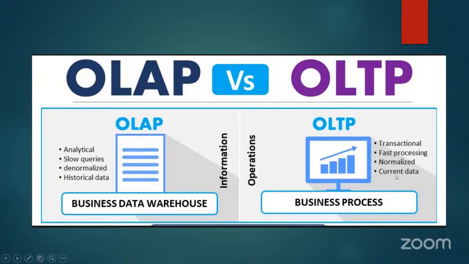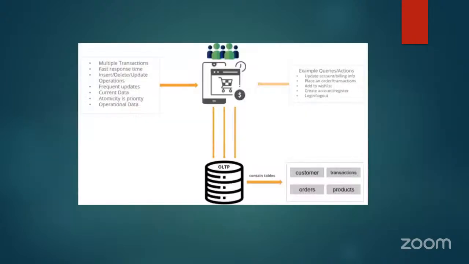That is the current data, what is happening to the database. The best example for this is a banking DB, which is OLTP. Whatever database the bankers were using, that would be OLTP, and what we are fetching as data, that would be OLAP. So this is the main difference.